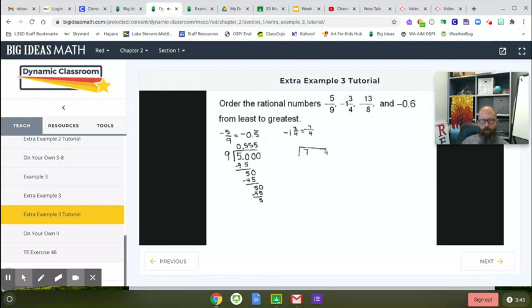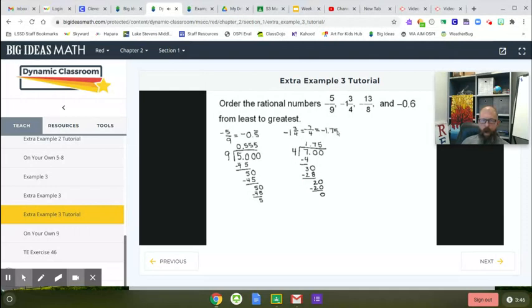When you complete the long division, notice we have a remainder of 0 and the quotient of 1 and 75 hundredths. Also remember that it's negative, so we have negative 1 and 75 hundredths. Finally, do the division for negative 13/8.